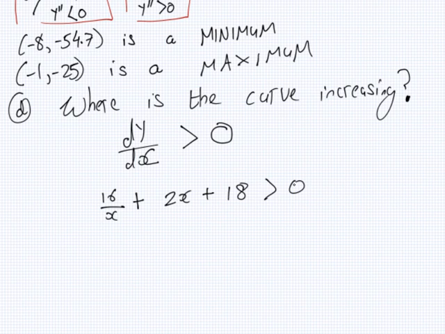What do I do next? Multiply by x. But there is a problem if I multiply by x. What might the problem be? X can't be 0. Oh well, that's certainly a problem. X can't be 0, but there's another problem. Maybe minus, yeah.